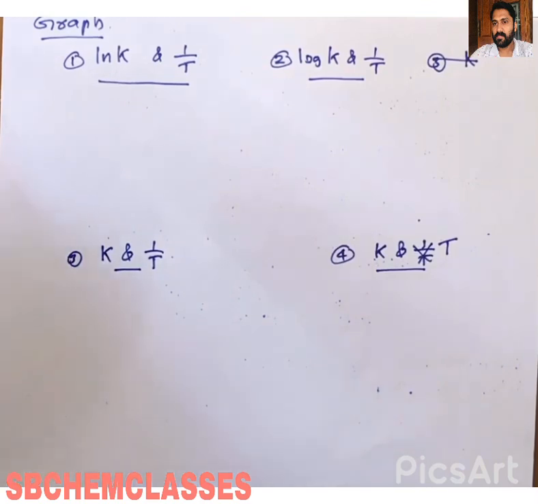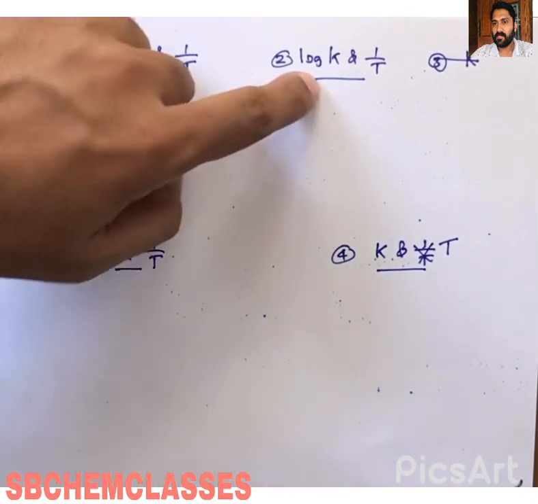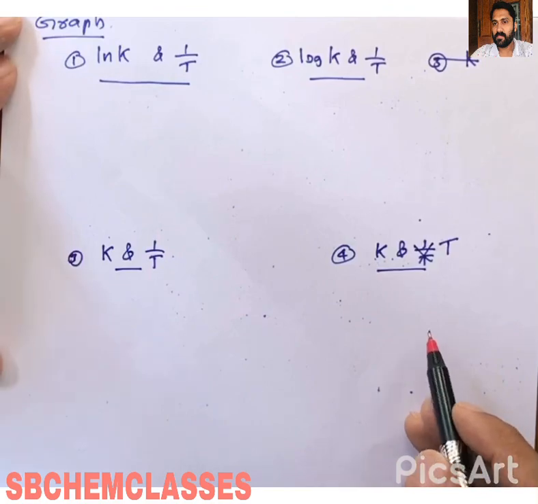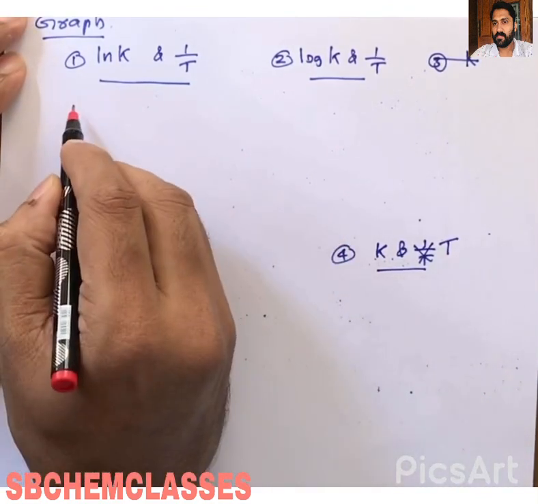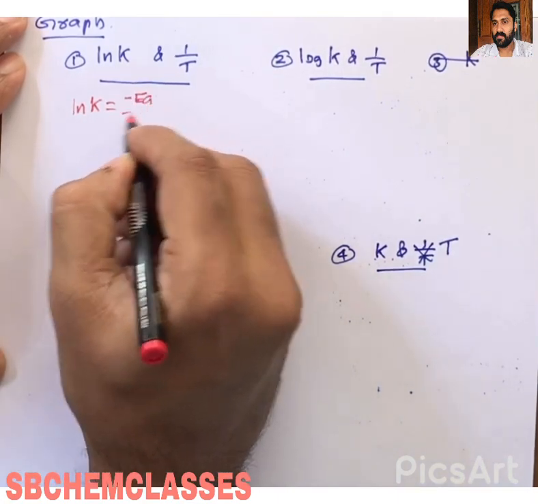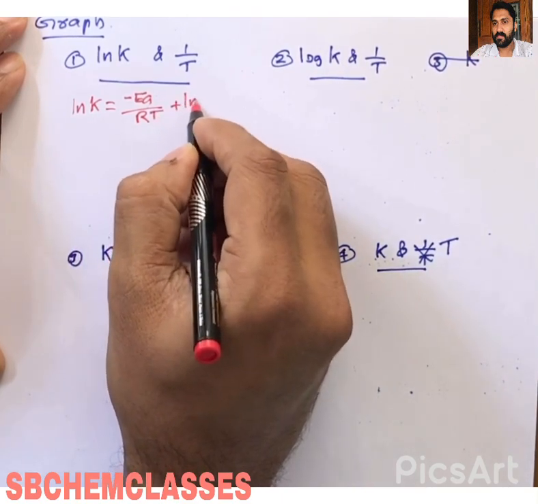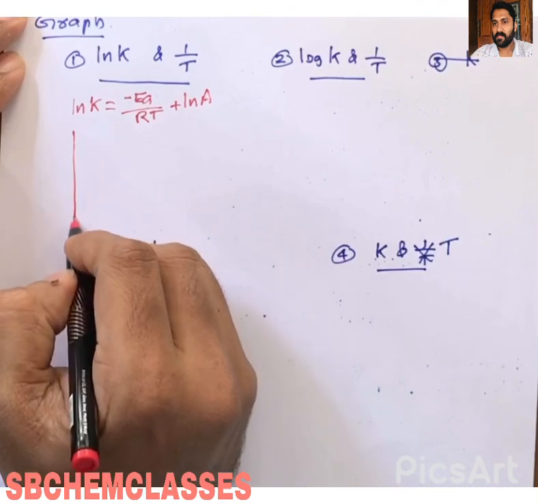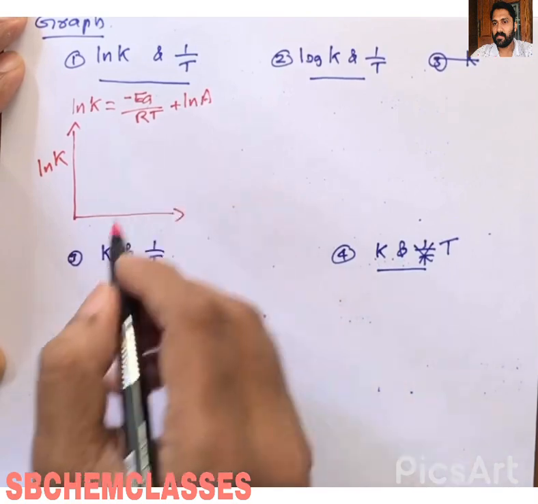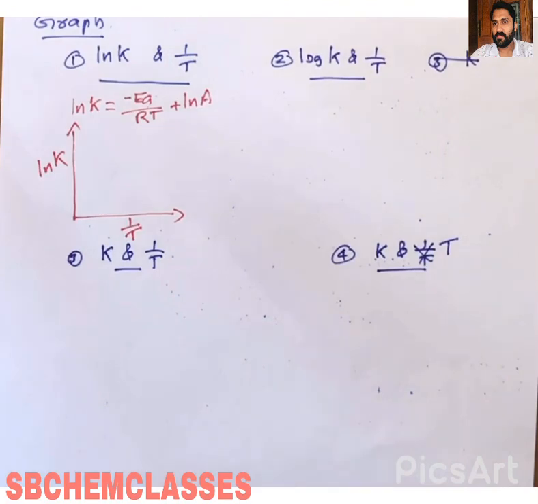Let's discuss four graphs: natural log K and 1 by T, common log K and 1 by T, K and 1 by T, and K and T. We know the relation for ln K: ln K equals minus Ea by RT plus ln A. So, if we draw the graph between ln K and 1 by T, the graph will be like this.